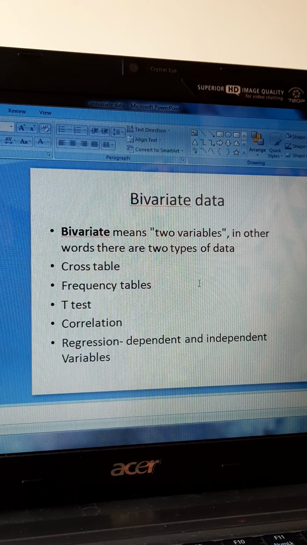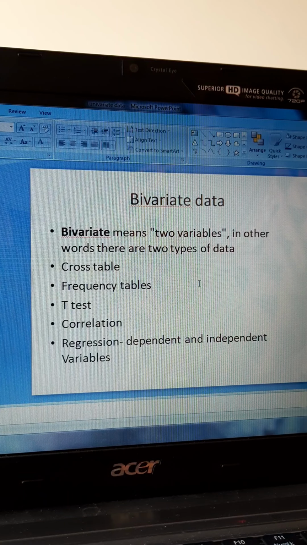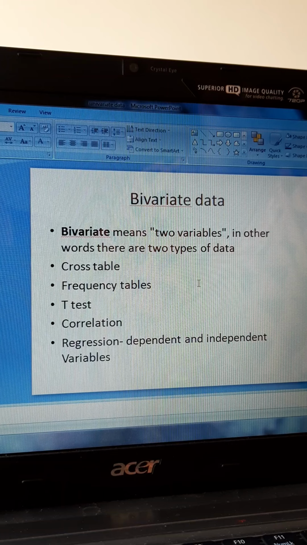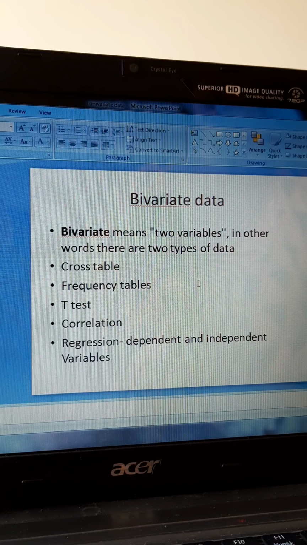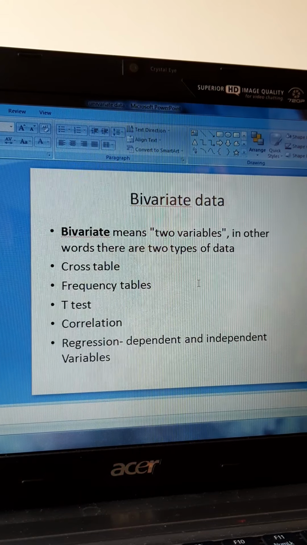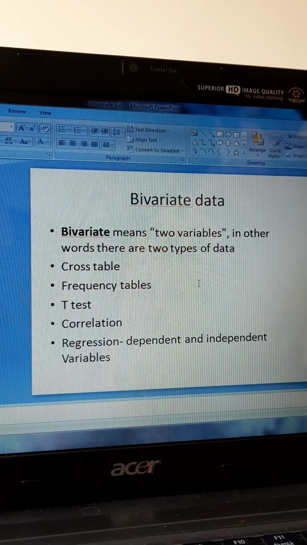Okay, loyalty of customer and brand name. Okay, another example is affiliation to a store, Big Bazaar or any store, and the various promotional activities that they have. Like this, there are two variables that you are studying.